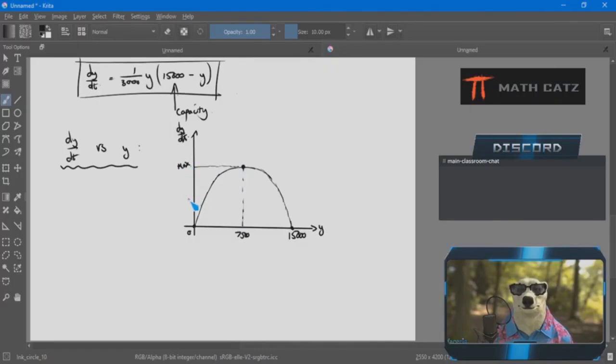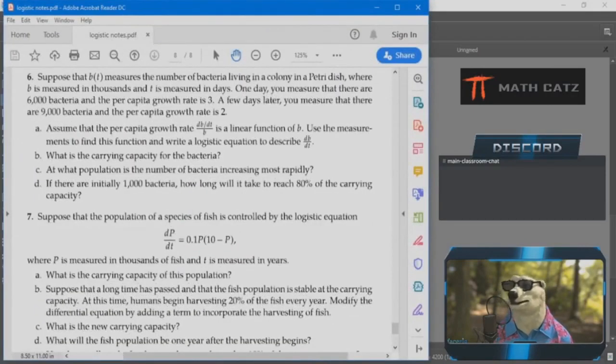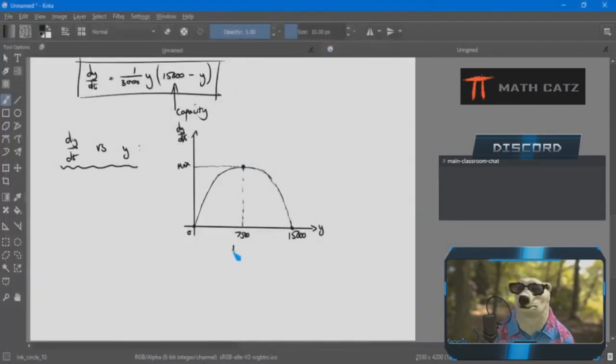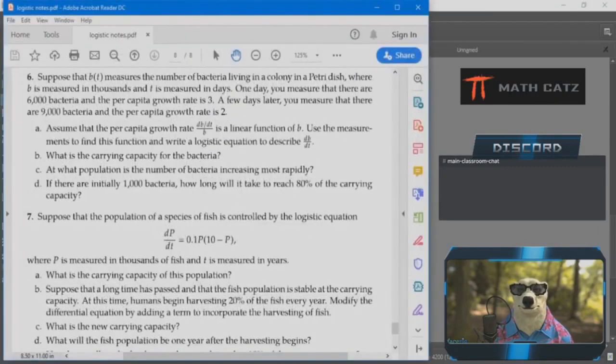I can calculate it, but that's not the point. They are specifically asking, at what population do I hit that maximum? And then you can also ask, okay, well, when is that happening? Maybe I want to know when I'm going to hit this highest growth rate. But for that, we need to solve this differential equation and find the function that has time in it.